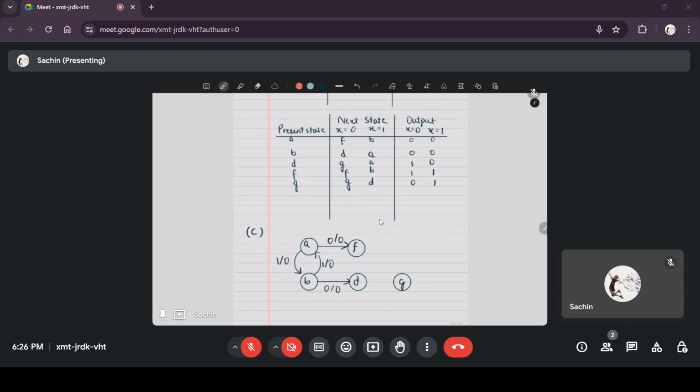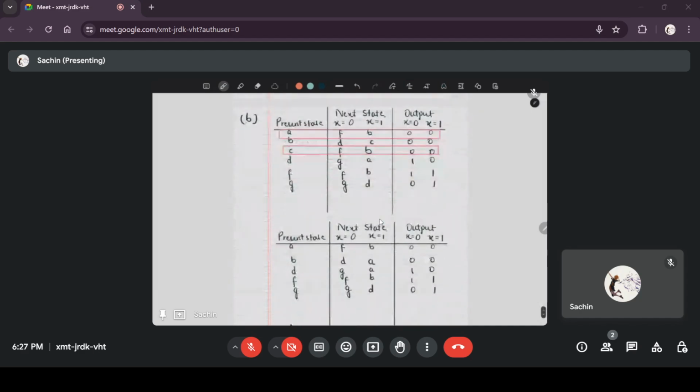D will go to G and A. F will go to F and B. G will go to G and D. That is the state diagram of the reduced state table.